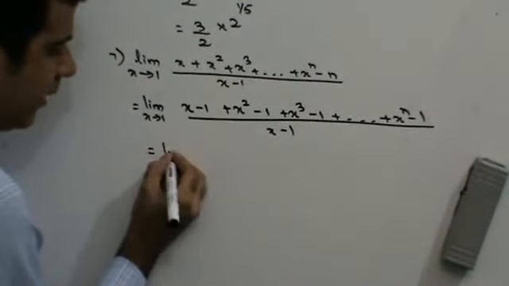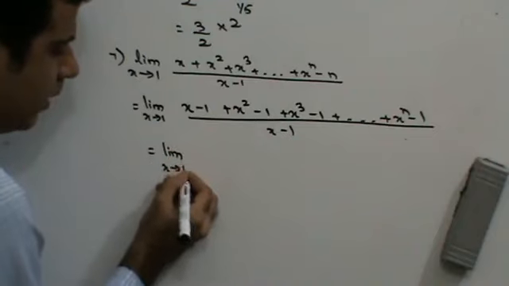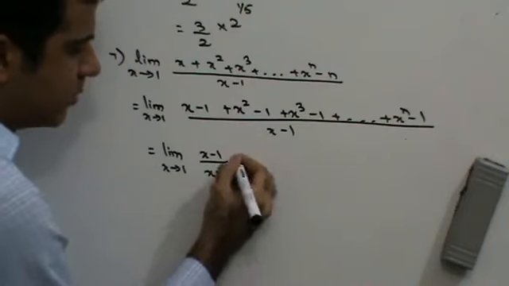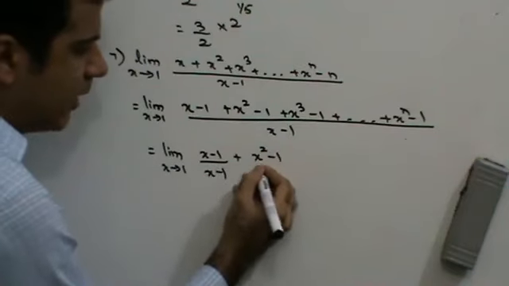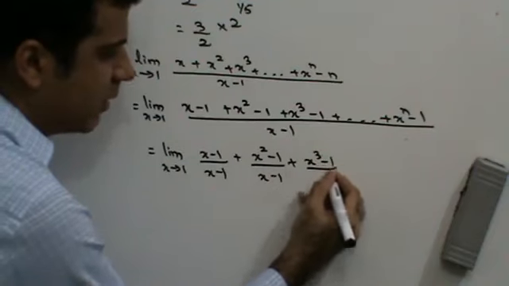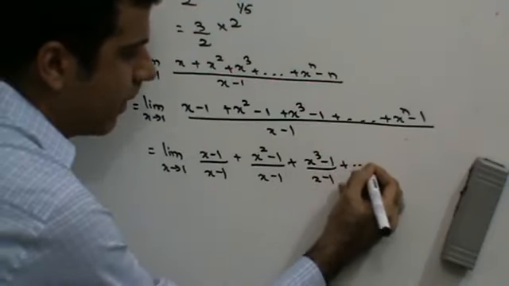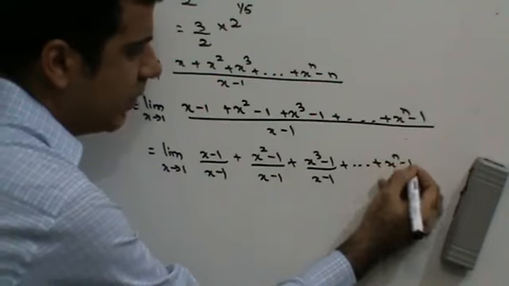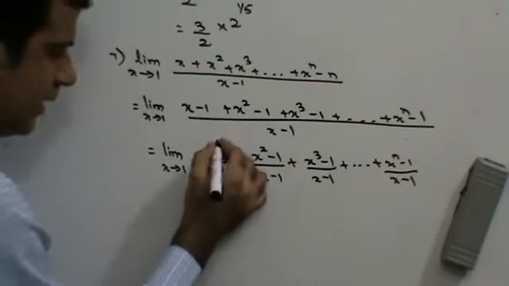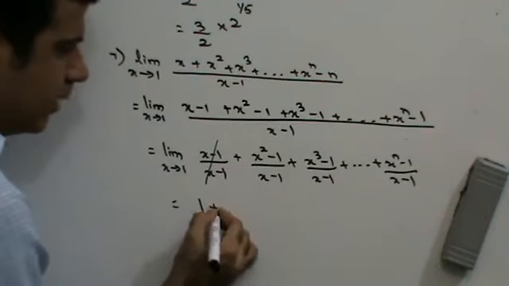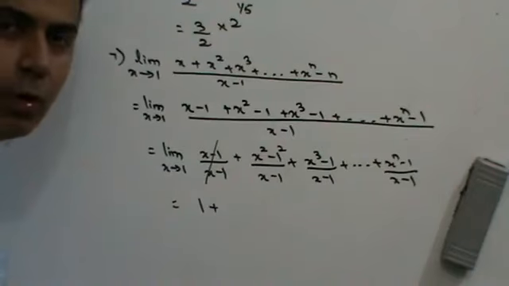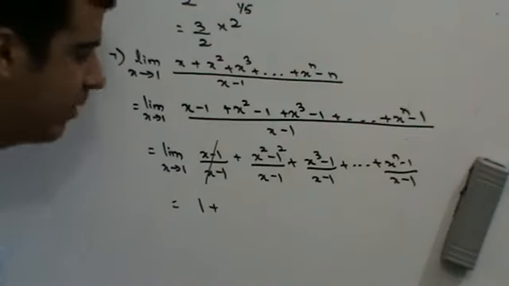Split the numerator: limit of x tends to 1, x minus 1 upon x minus 1, x square minus 1 upon x minus 1, x cube minus 1 upon x minus 1, up to x raised to n minus 1 upon x minus 1. Right? The first term cancels. 1 can be written as 1 square. Whether I write 1 or 1 square should not make a difference.